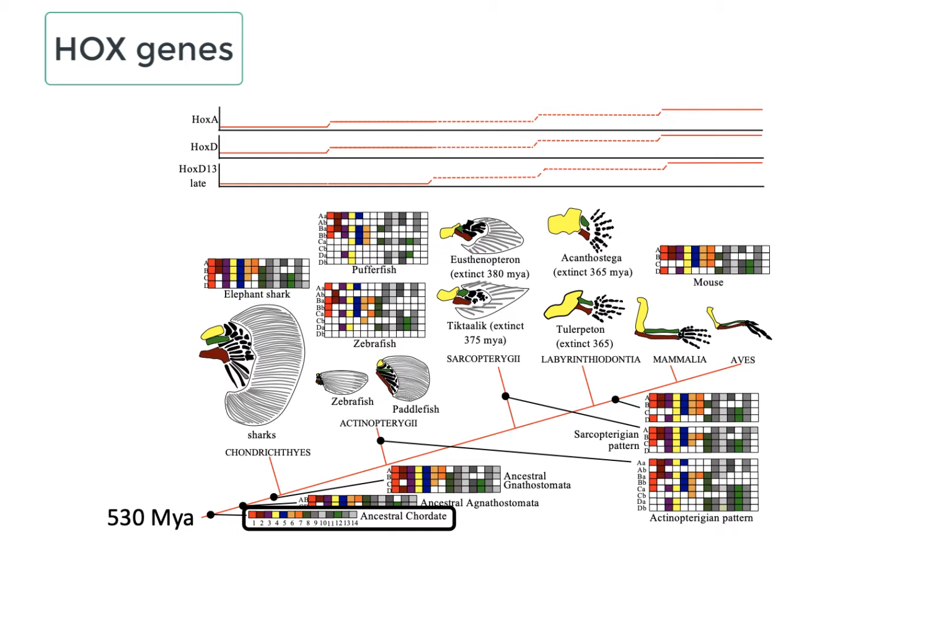So starting about 530 million years ago, there's the set of what are called Hox genes, an ancestral chordate with 14 different ones. And if you go back further into non-vertebrates, invertebrate species, there are fewer and fewer of these, but you can see those build up, and we'll talk more specifically about that later in the semester. Then you have a doubling in the jawless fish.